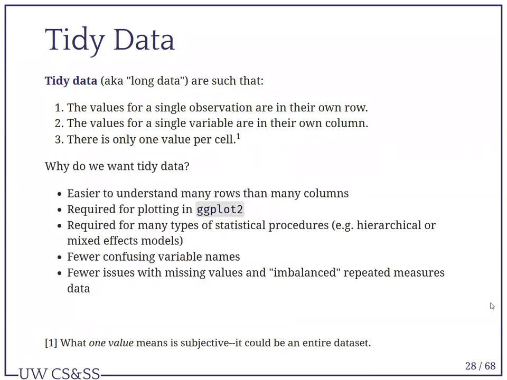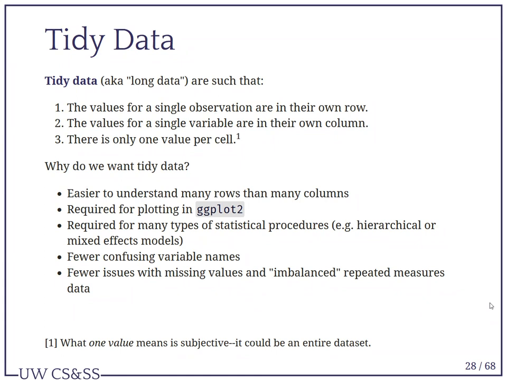So why do we want tidy data? Why would it be worth changing this wide data set into something long instead? First, it's easier to understand having many, many rows than many, many columns, since columns are going to be a bunch of different kinds of information, whereas rows are going to tell us just duplicates of the same kind of information.